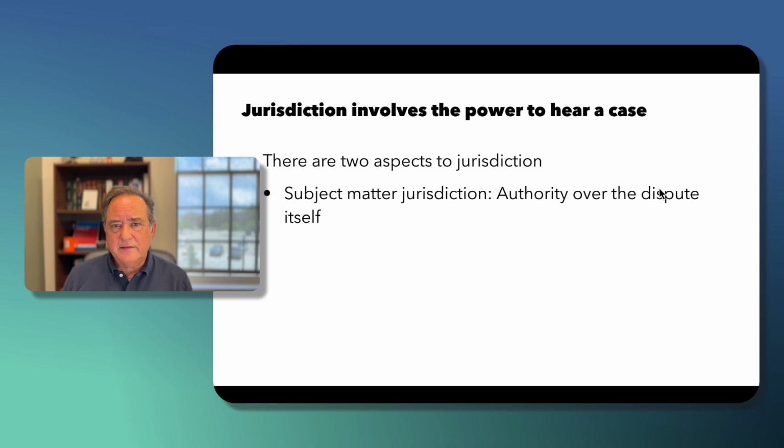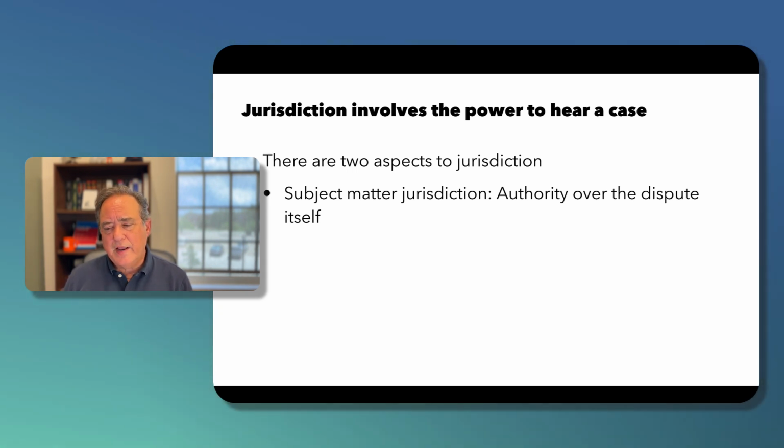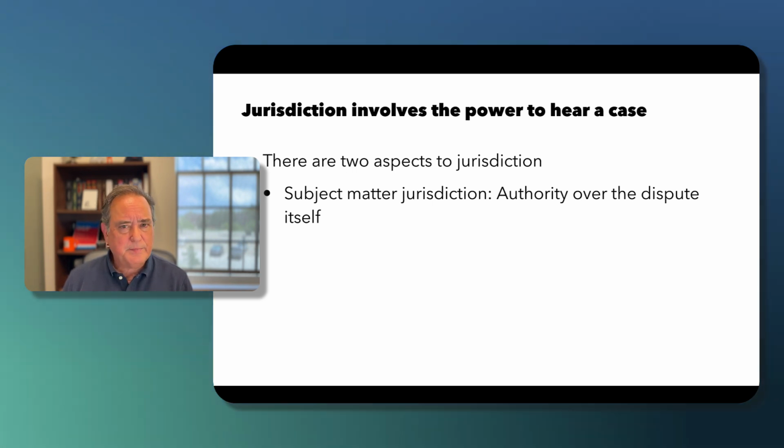We start with subject matter jurisdiction. Subject matter jurisdiction refers to the authority over the dispute itself, over the nature of the dispute. Whenever a court is created, that court is given jurisdiction over certain types of disputes, and we call that subject matter jurisdiction.